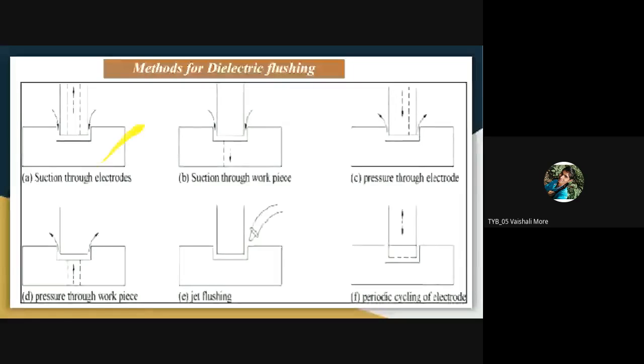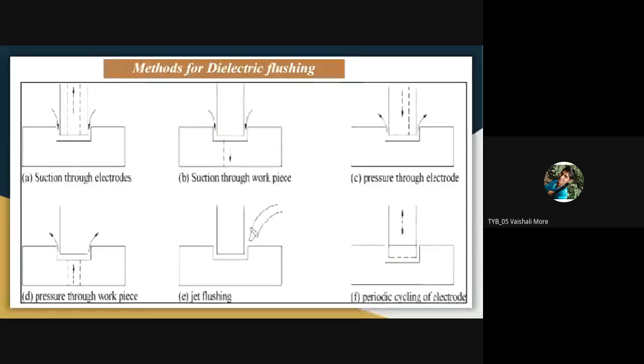Here you can see this is your tool, and inside the tool there is a hollow, and they have used this hollow as a hollow tube. During the flushing, the dielectric fluid is sucked, and the workpiece is totally immersed in the dielectric chamber.